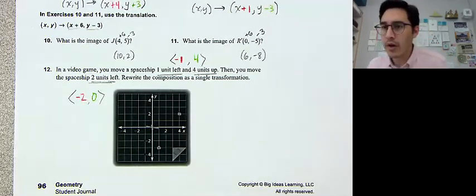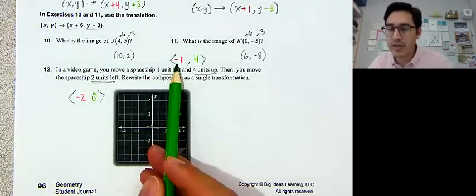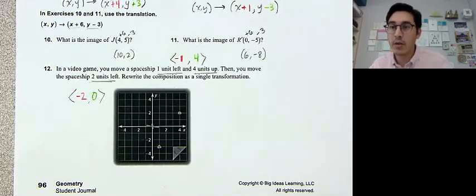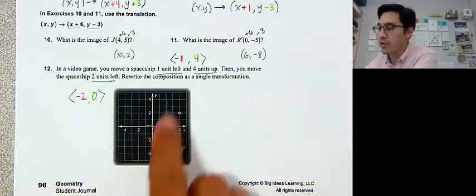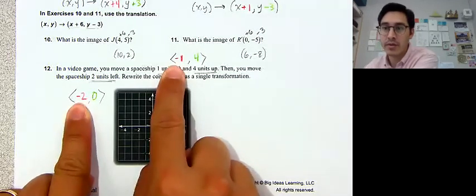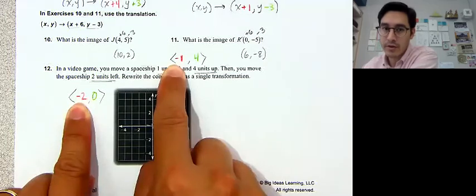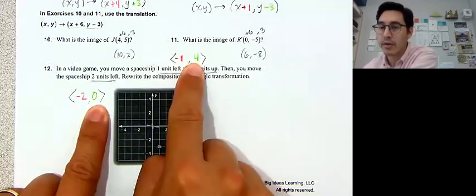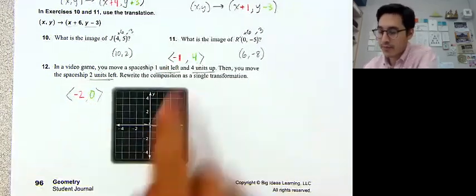All right, so altogether, how far horizontally have we moved? Well, we moved 1 unit to the left and then 2 more units to the left. So in total, that's -3. So all we're going to do is sum these 2 horizontal components to get an overall horizontal component, and then sum the 2 vertical components to get an overall vertical component.